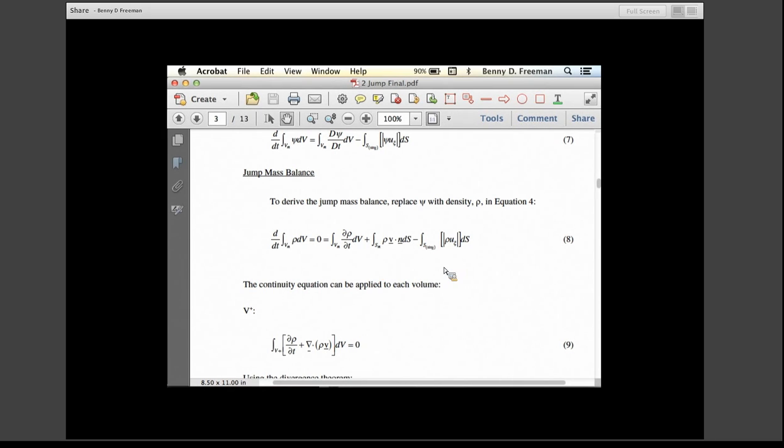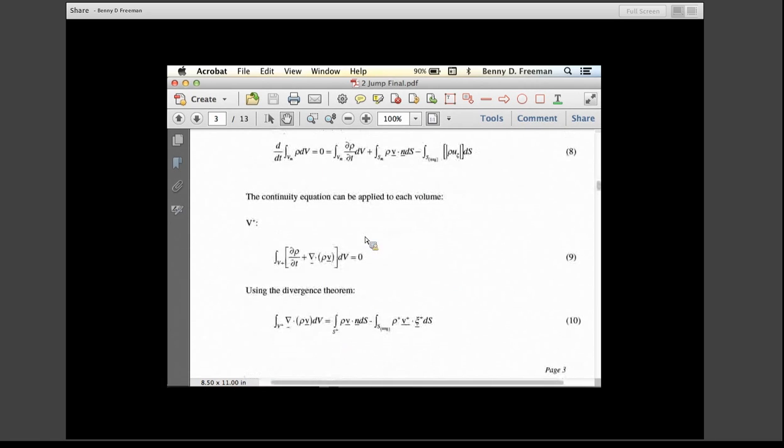So psi has just been replaced with rho. We can also apply the continuity equation to each volume. We derived last time this expression, that d rho dt plus the divergence of rho v is equal to 0 everywhere in any material volume. That's just the continuity equation.